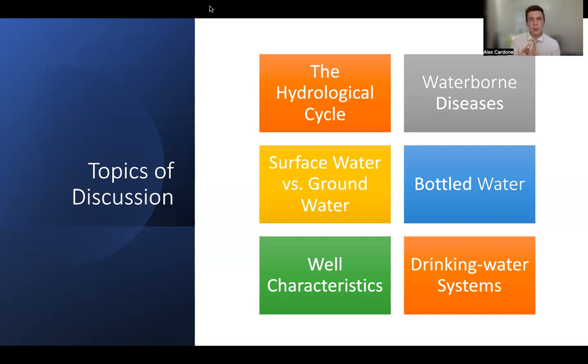Now, the reason I put drinking water systems on there is because that is in your readings. However, we're not really going to be going over drinking water systems according to this test, but it's on week 11 because if you have time, look at it. It's going to give you a really good refresher as there's a typical flow that drinking water goes through for the purification process.